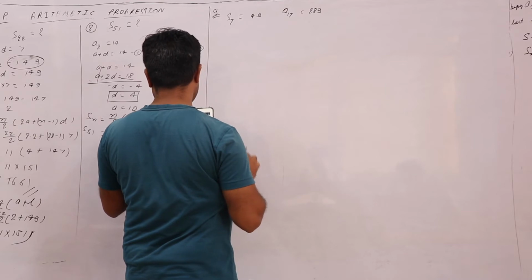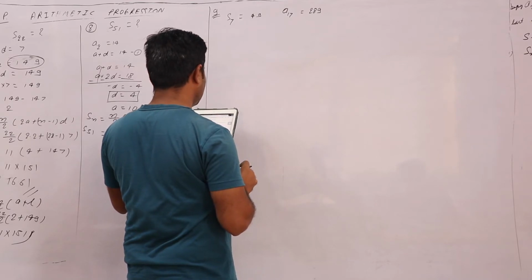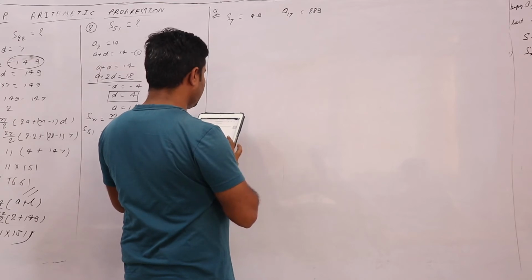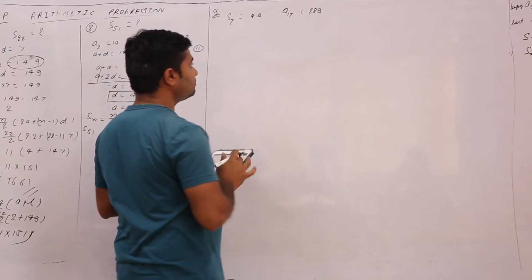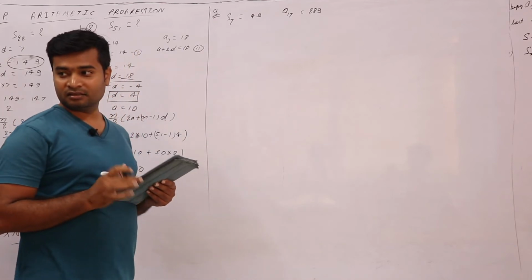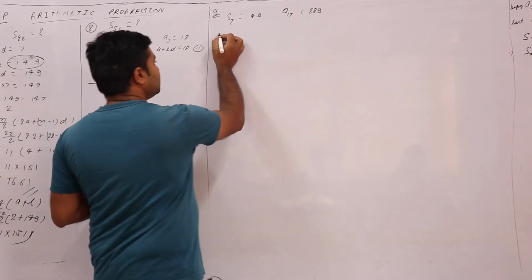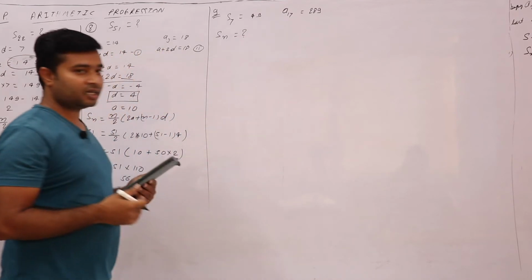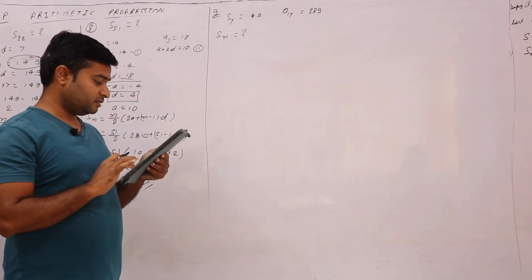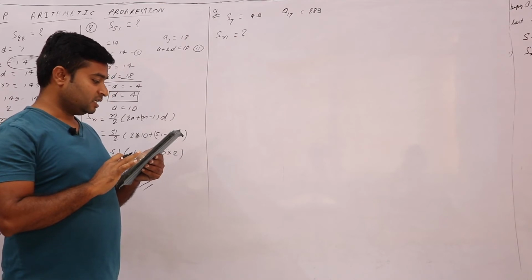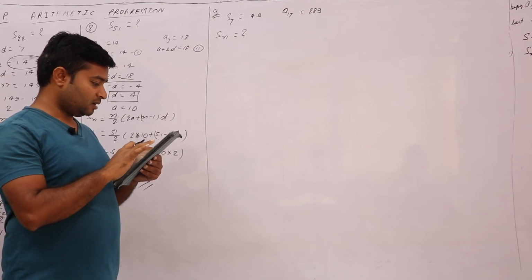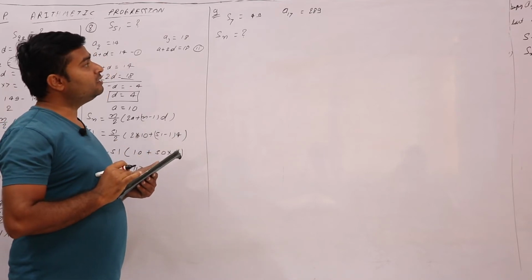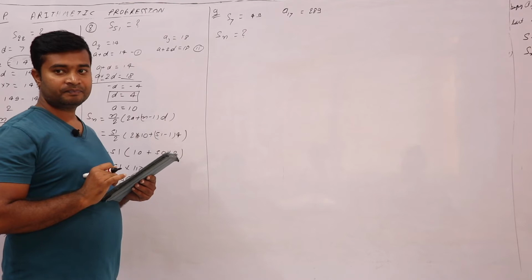If the sum of the first 7 terms is 49 and that of the first 17 terms is 289, then find the sum of n terms, that is, find Sn. Two things are given.